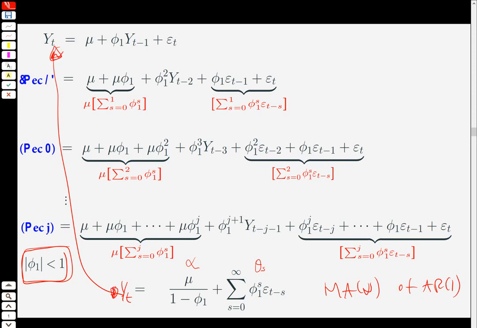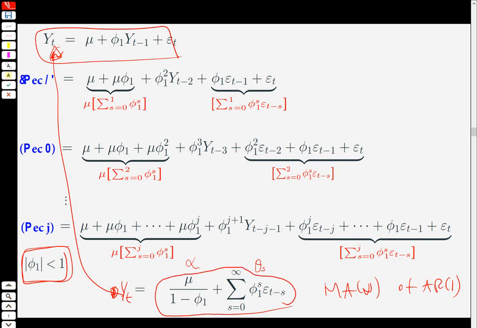Okay, so is everyone on board why term 2 drops out? This phi 1 is how much y in the past affects now. So it's saying that it's going to be a much smaller effect. Okay, so the second term drops out.